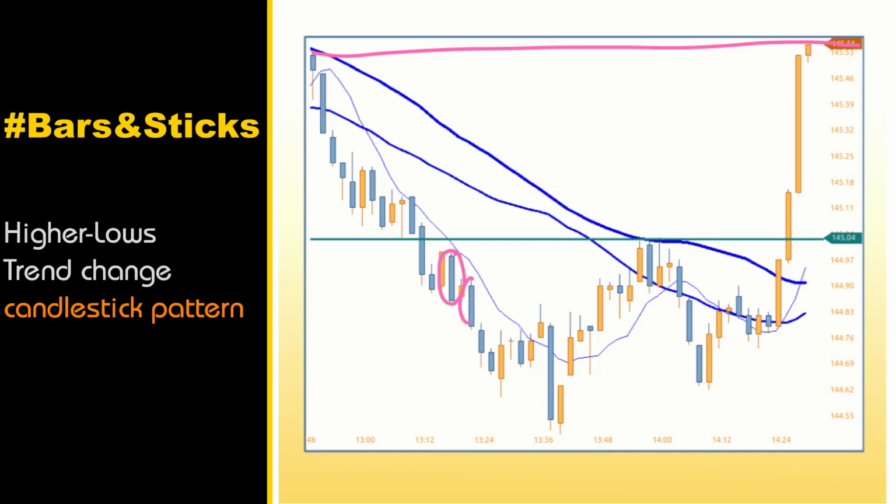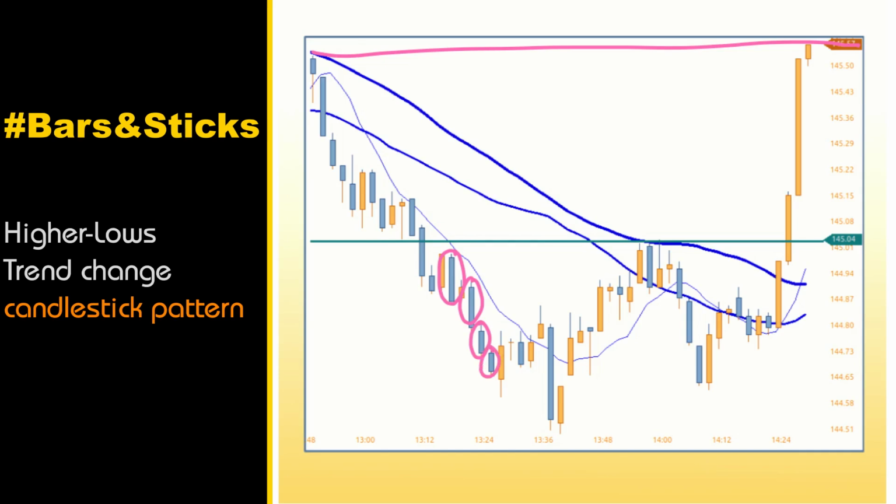These are controlled bars. They happen slowly. It's a little easier to deal with. Now each one of these bars here, those are 2 minutes.